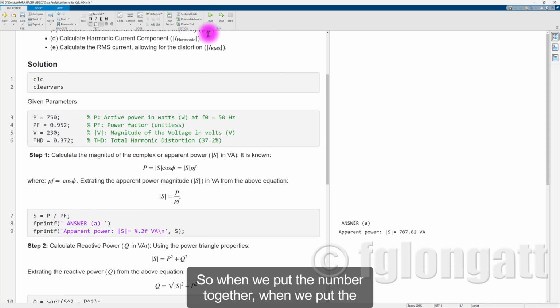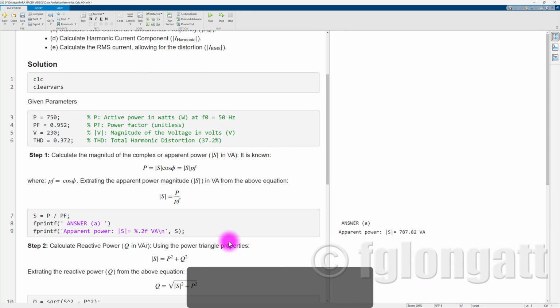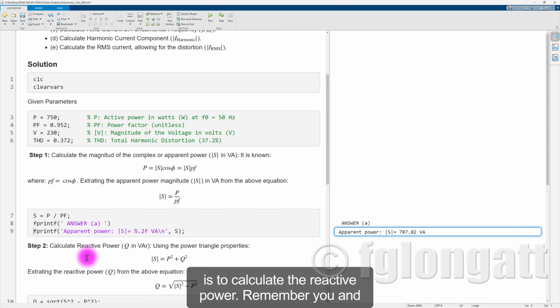So when we put the numbers together, we have here the magnitude of the apparent power, and as you can see, the numerical value is 787.8 volt amps.